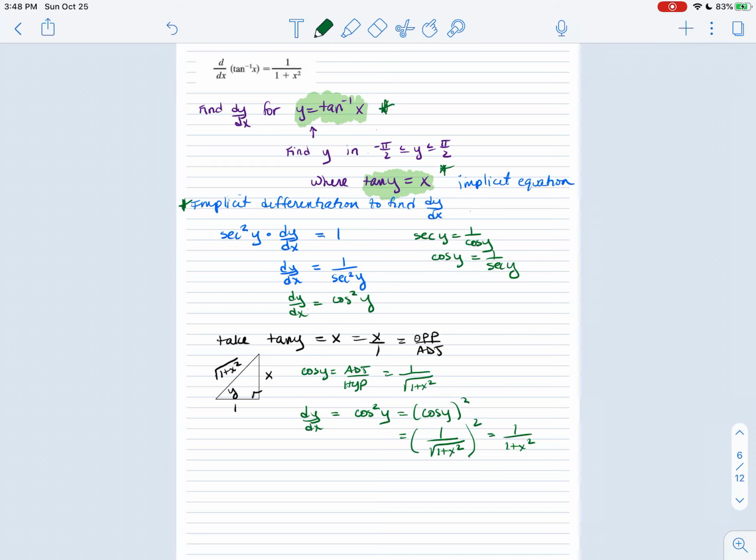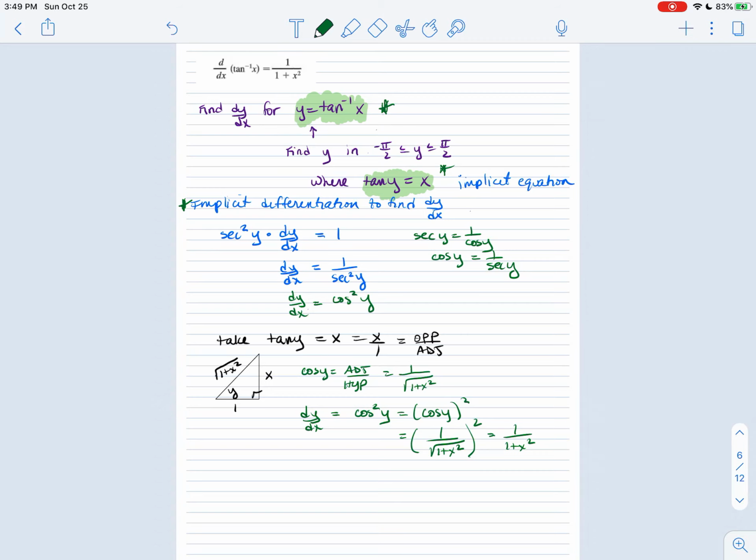We then use implicit differentiation to find dy/dx, and then we take our original substitution, for example, if you were doing inverse sine, you would have sine y equal to x, and you would put them into a triangle, and you would take your dy/dx expression and make the appropriate trigonometric definition substitutions. And that's how you can get it back to its explicit form.